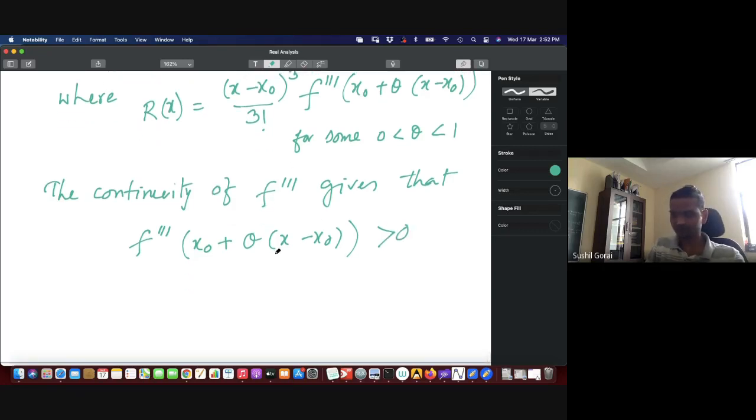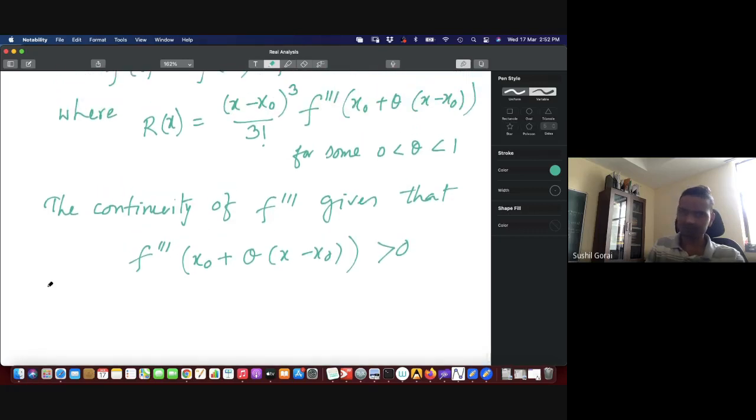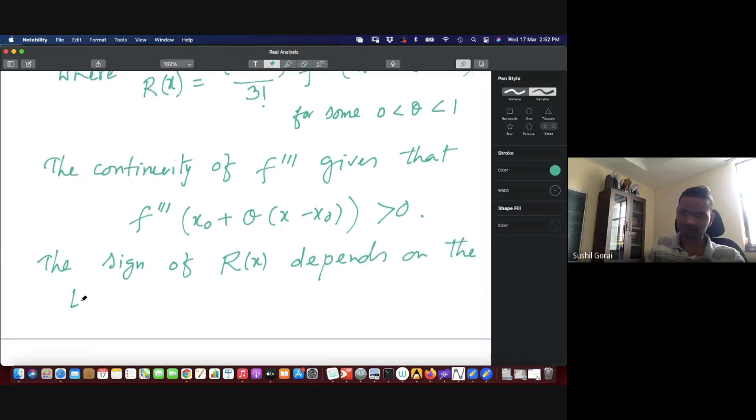Right? Now therefore, the sign of the remainder R(x) depends on the term (x minus x naught) cubed.